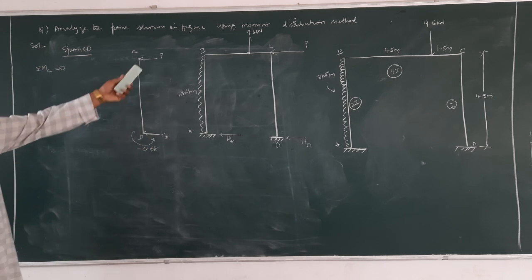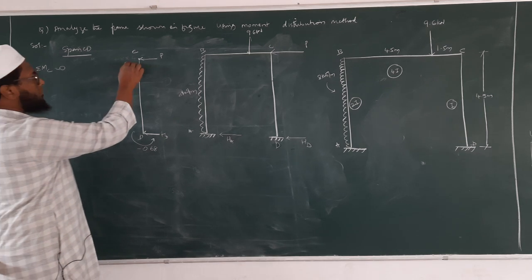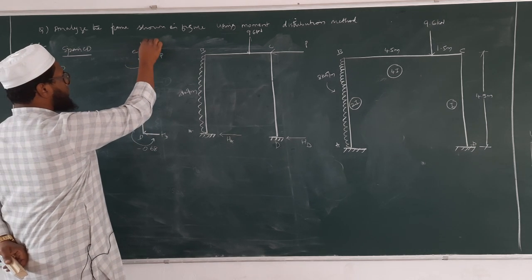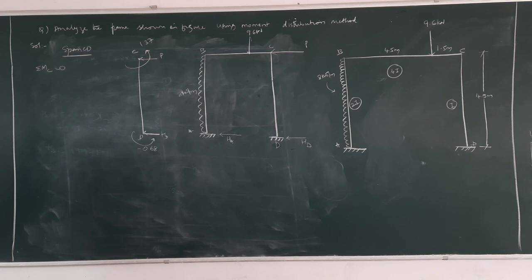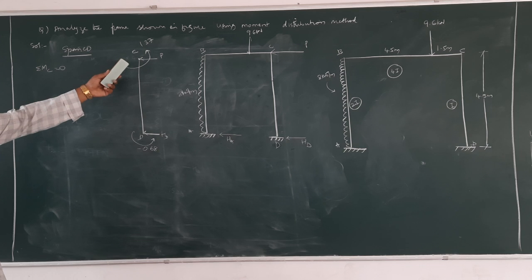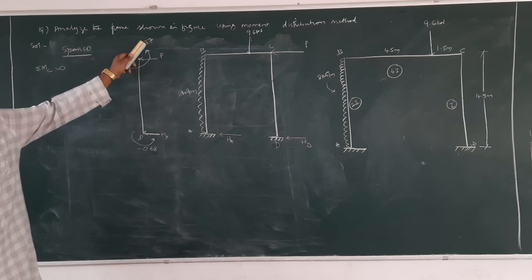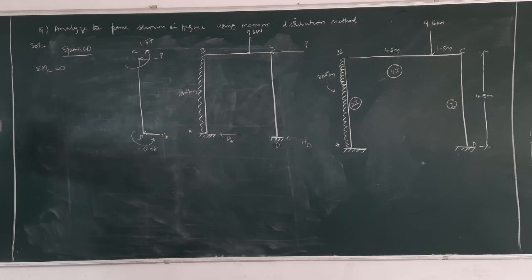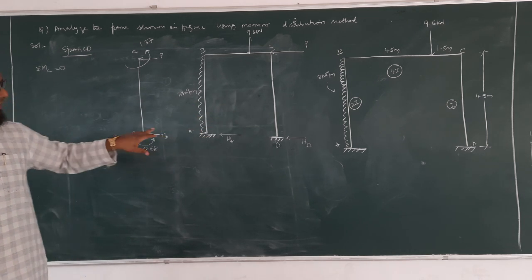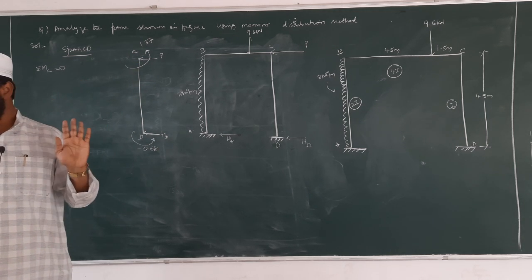What about this one, MCD? Minus 1.37. Okay, understood? So both are anti-clockwise, that is both are negative, right? Why anti-clockwise? Since the frame is trying to get deflected on the right side, this part will create anti-clockwise moment to make it in its original position, right?